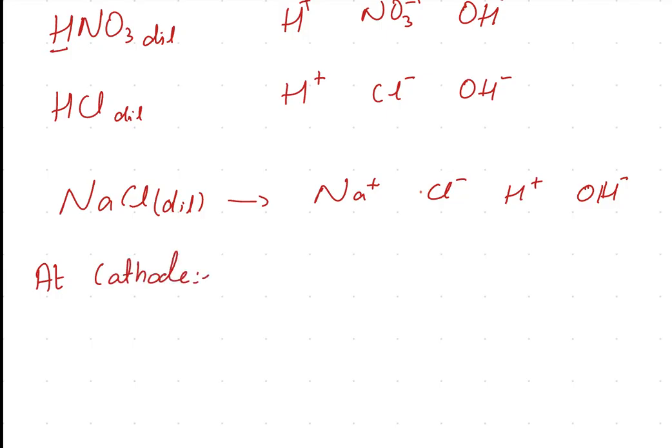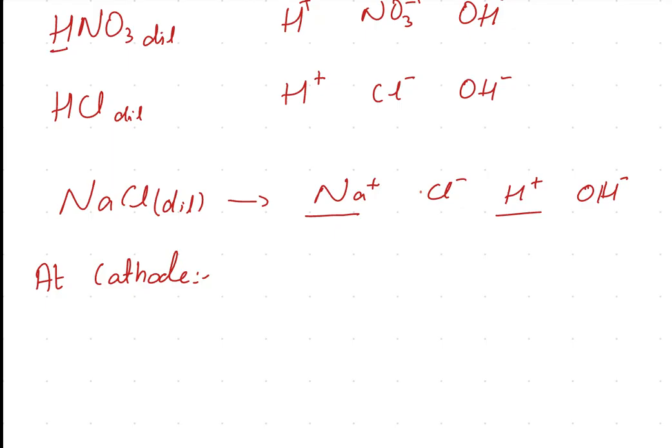Why do you get puzzled? Because you can clearly see that there are two types of positive ion here, Na positive and H positive. Now the student is thinking about which ion will discharge first, sodium or H positive.